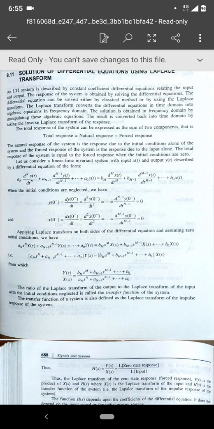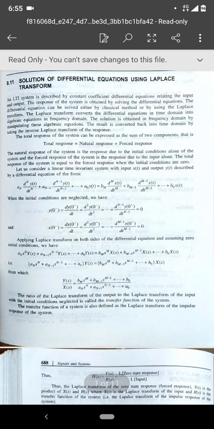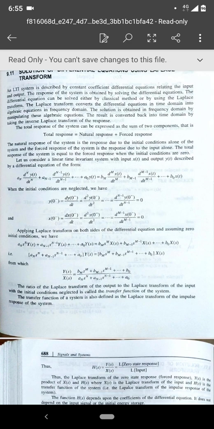Rather, you're converting the differential equation into the form of simple algebra, that is, in the form of simple addition and subtraction. Whenever you see addition and subtraction, you'll get a carefree attitude. So that is the greatest advantage of a Laplace transform. Having said that much, we'll see in detail how differential equations are solved using Laplace transform.